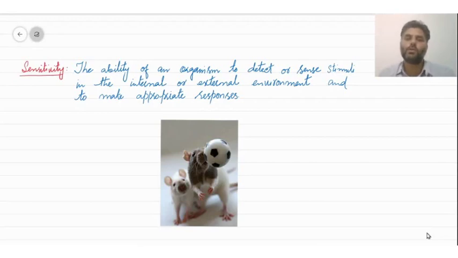With the help of those whiskers, he is sensing his food, he is sensing everything, like the ball here. Like we sense smell with our nose, or we sense light with our eyes. This is the ability of the body to detect what is in the external environment, and we respond likewise. That is called sensitivity.